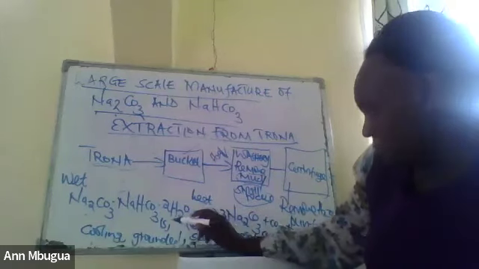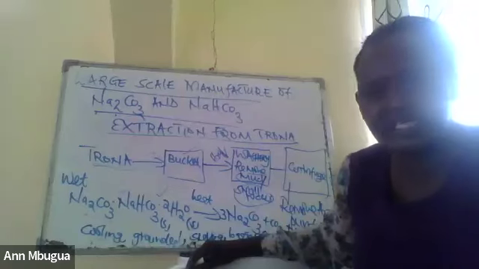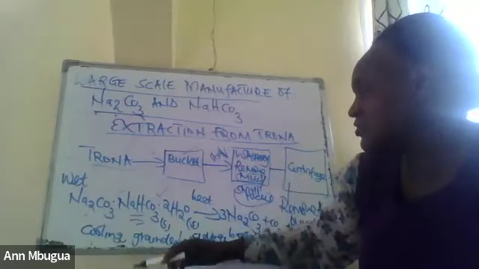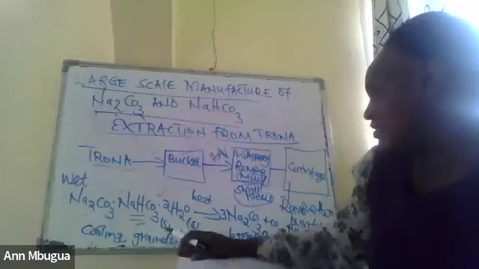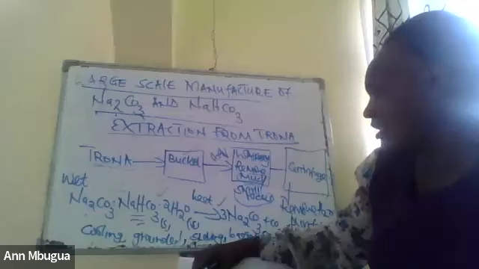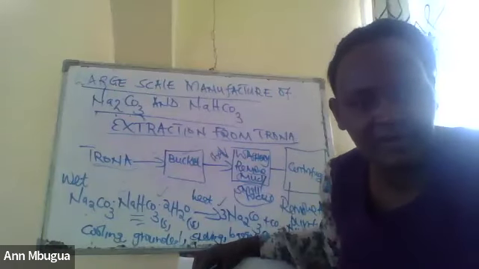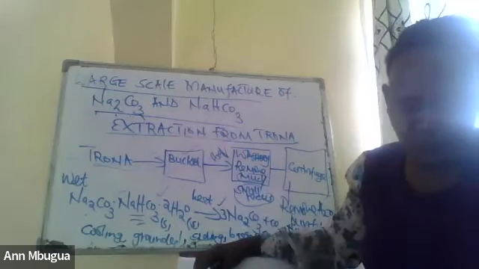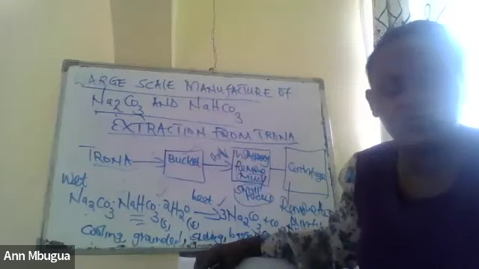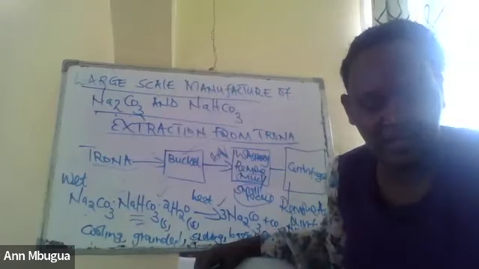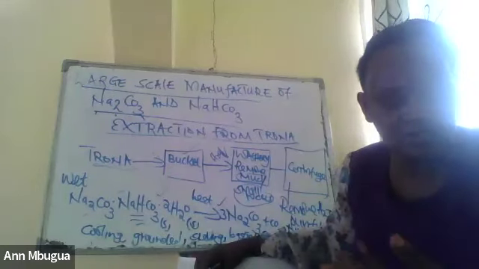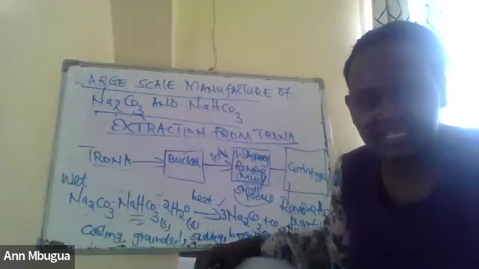And with this wet trona, we heat it strongly, where the sodium hydrogen carbonate will decompose to the sodium carbonate, and this sodium carbonate is allowed to undergo cooling, and on cooling, it is ground, sieved, and then put in bags and transported to the customers for use in glass making, the paper industries, water treatment, and to manufacture sodium silicate.